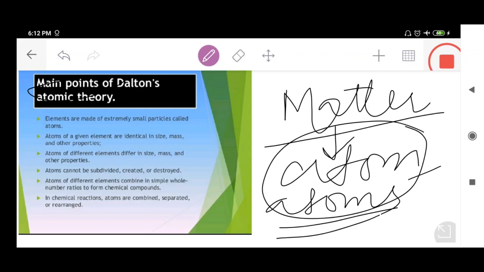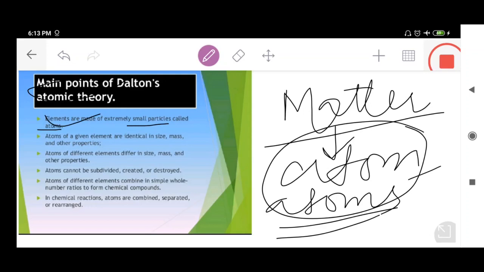However, the ancient theories proposed by Maharishi Kanad and the Greek philosophers were based on philosophical thinking and not on experimental work. But Dalton's atomic theory is totally based upon experiments and observations. So, the first postulate of Dalton's atomic theory is: elements are made up of extremely small particles, and these particles are called atoms.